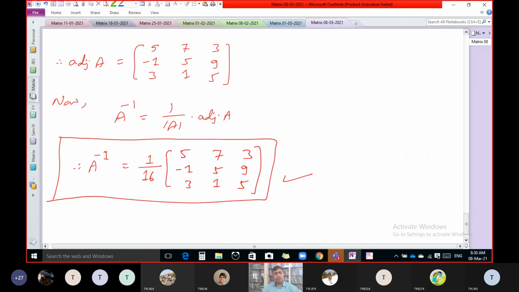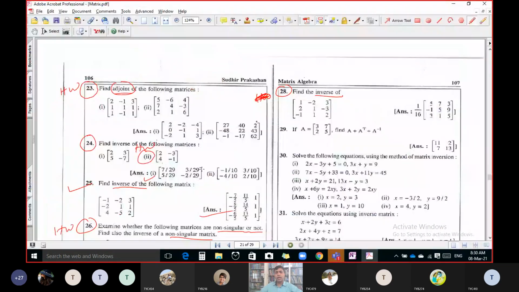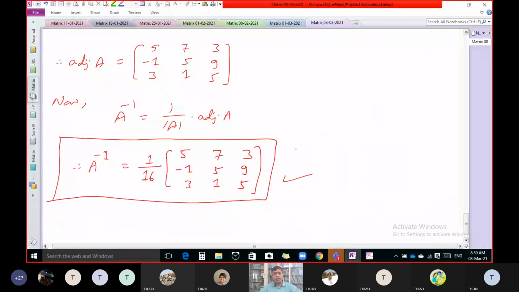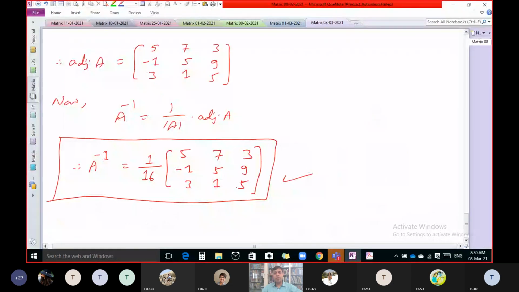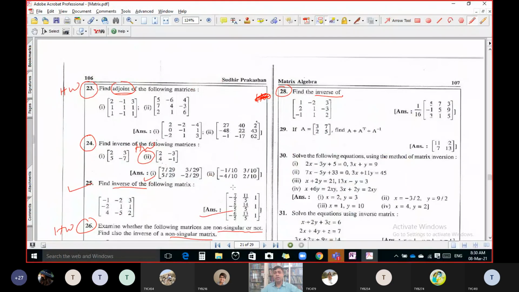That is also another way to answer. See, the answer given is 1 upon 16, in the first row 5, 7, 3, then in the second row minus 1, 5, minus... and in the third 3, 1, 5. So this is our answer.